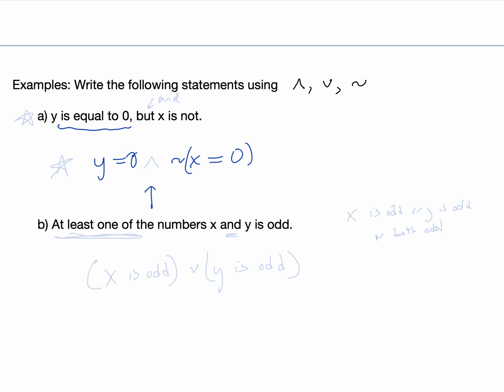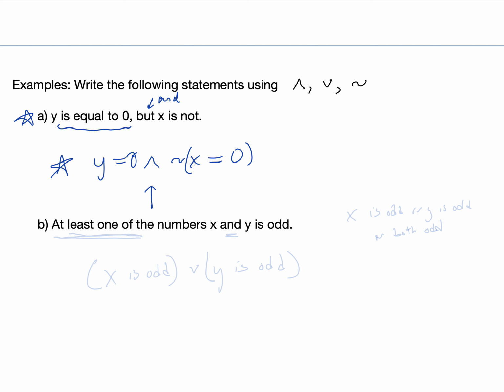Y equals 0, but it is not the case that x equals 0. That is really an and, right? So this but is really an and right here. Y is equal to 0 and x is not equal to 0. So this is the operator that would go between those two statements. So this right here is logically equivalent to that statement below. Y is equal to 0, but it is not the case that x is equal to 0.